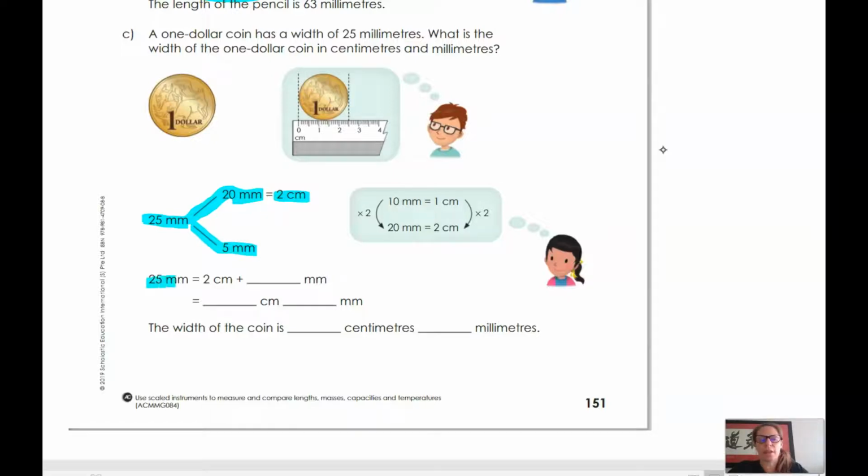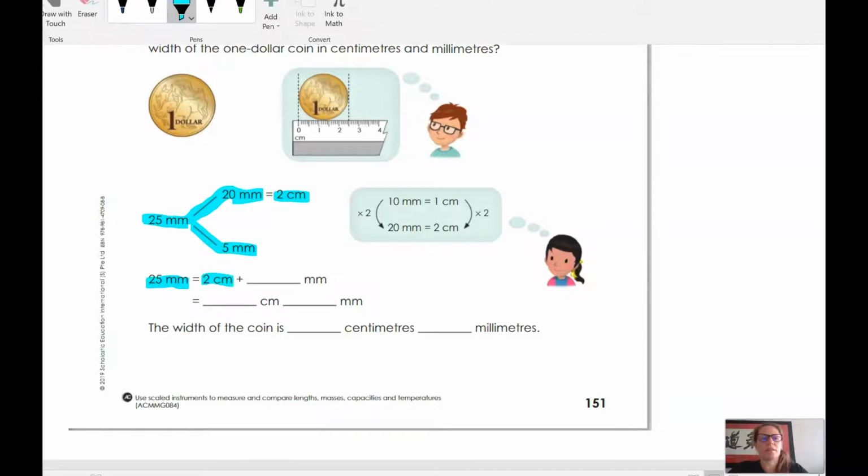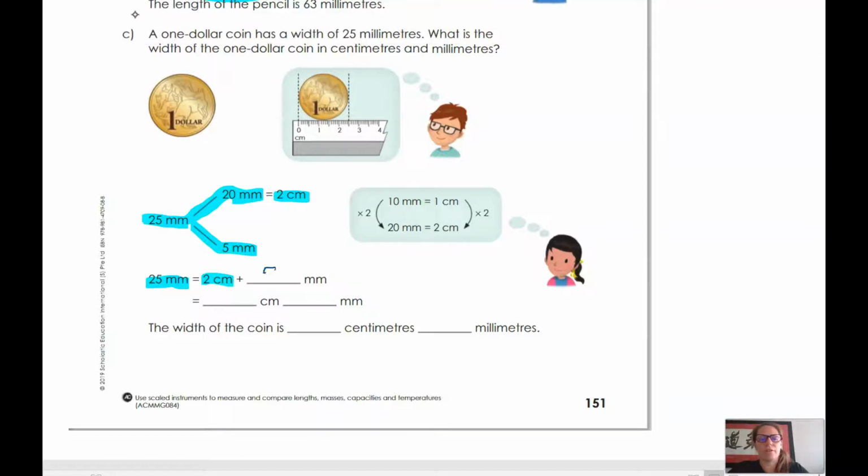So 25 millimetres equals 2 centimetres plus 5 millimetres. The width of the coin is 2 centimetres and 5 millimetres. It gets tiring repeating, but the object is that it goes into your head.